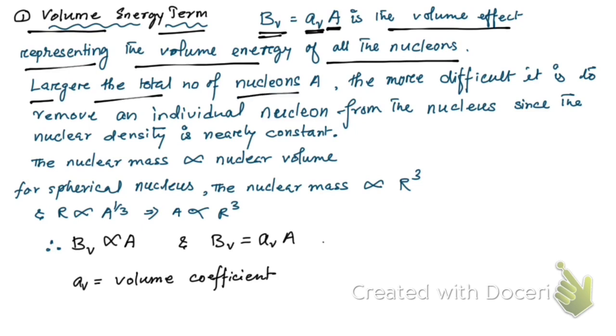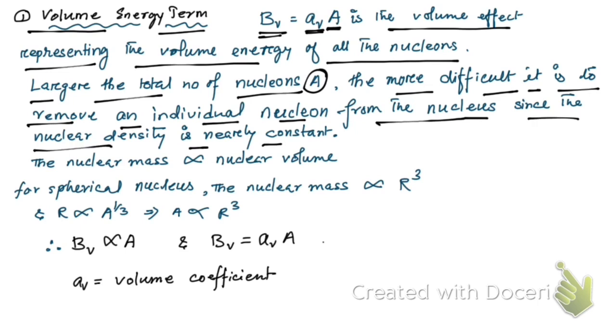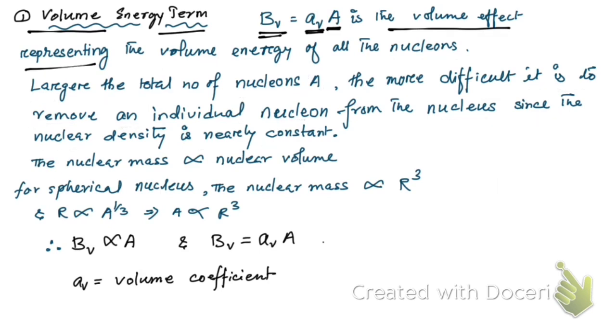The larger the total number of nucleons, the larger the number A, the more difficult it is to remove an individual nucleon from the nucleus, since the nuclear density is nearly constant. So the larger the mass number, the more difficult it is to remove a nucleon from its nucleus. That's what is explained here.